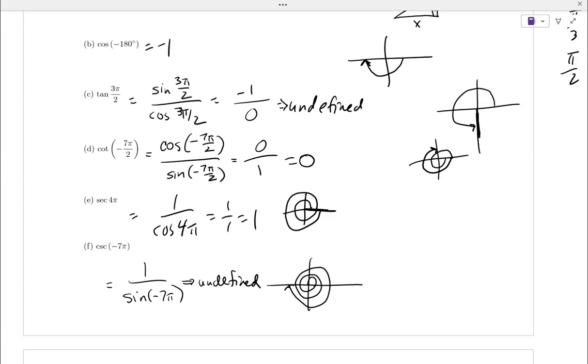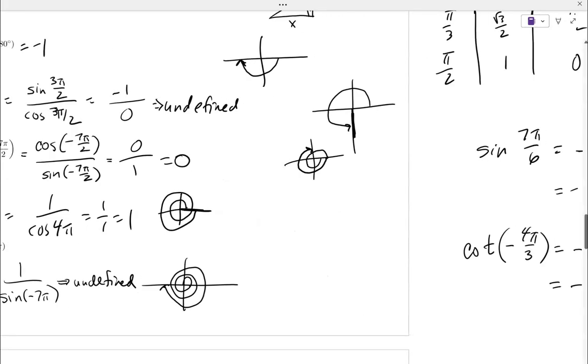All right, so notice that we've been using these quadrant ideas to help us get these values. If you care, there is another mnemonic that helps to remember which trig functions are positive or negative where. So start here and then go around.